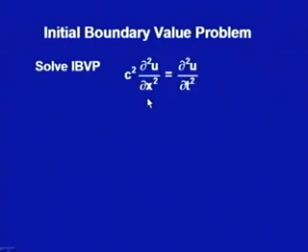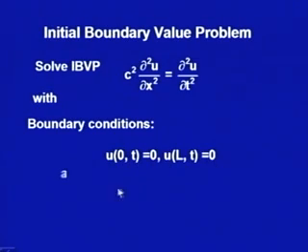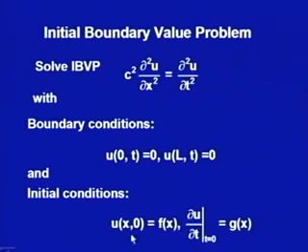That is, we have to solve this initial boundary value problem, involving the second order partial differential equation c square del 2 u over del x 2 is equal to del 2 u over del t 2, with boundary conditions u 0 t equal to 0, u L t equal to 0, and two initial conditions: u x 0 is f x and del u over del t at t equal to 0 is g x. To find the solution of our physical problem, we have to solve this initial boundary value problem. Let us see how to solve this.